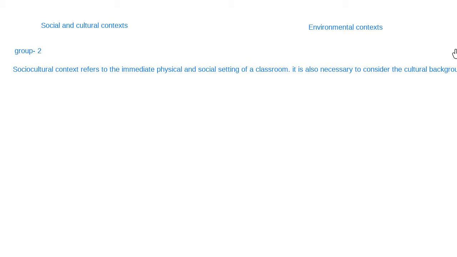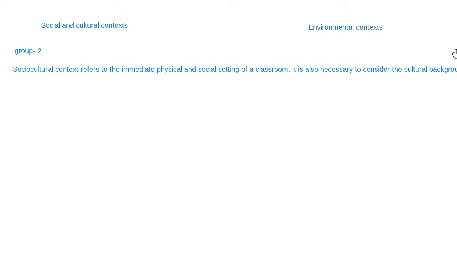So you can see that you can really relate everything to math. If we think about the economic context, you will see that when you do savings and comparing prices, you can use the different advertisements that you get in your newspapers to help the learners work out what price would be the best.